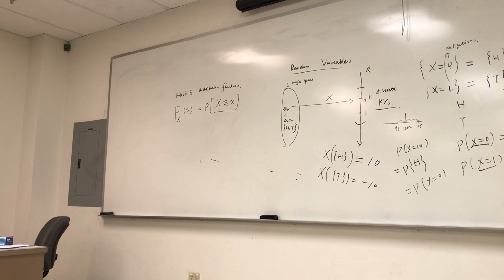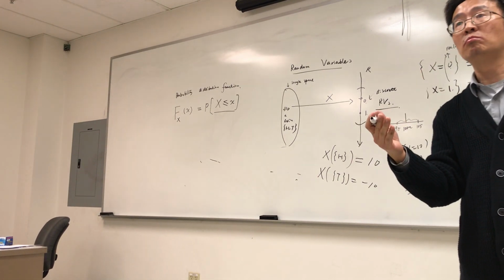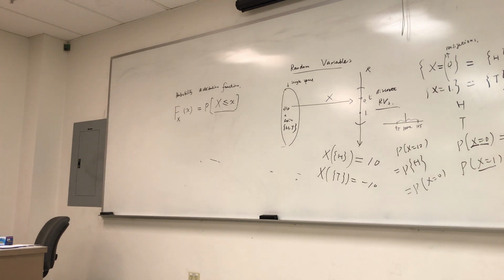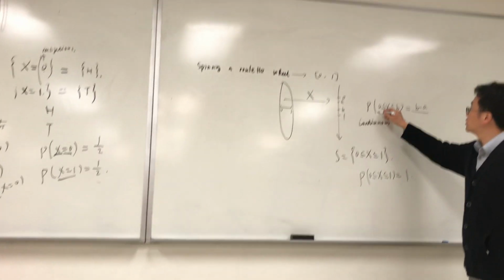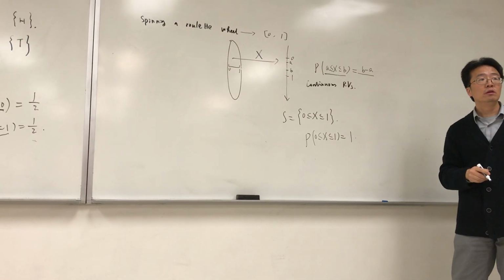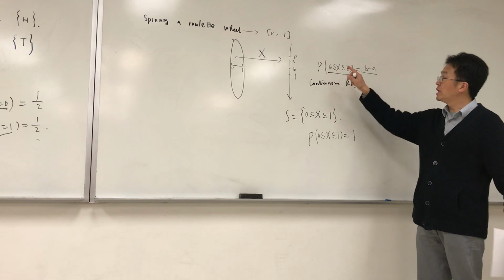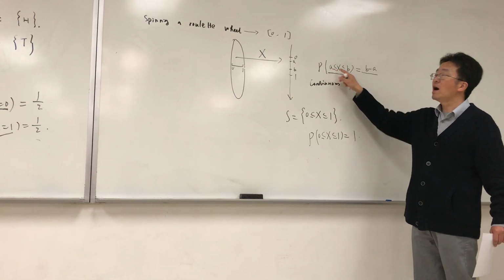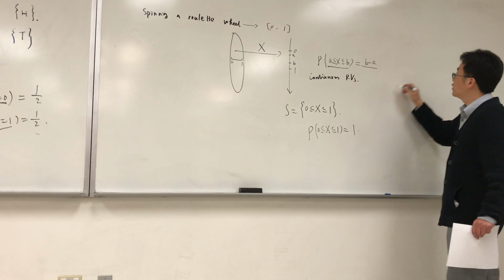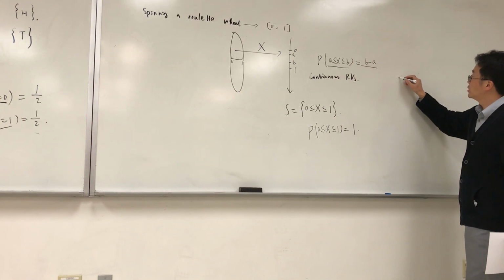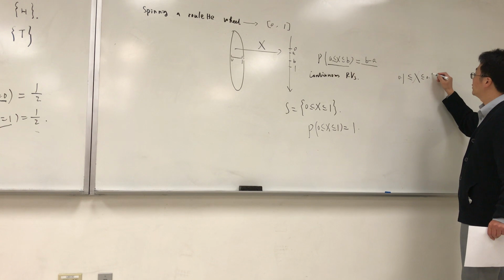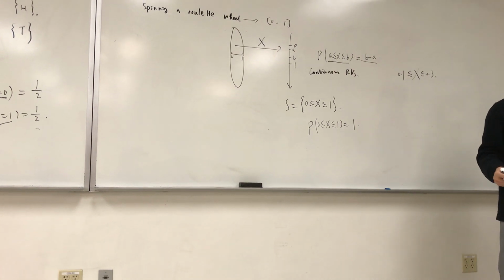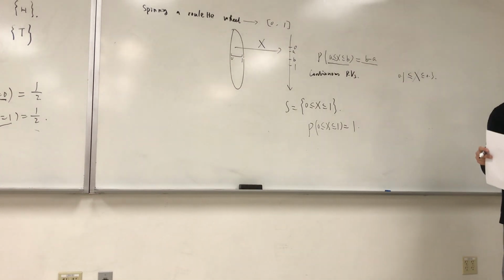What is an event? An event is a subset of the sample space. So now any subset of this interval can be used to represent any event. This inequality means the realization should be between A and B. Specifically, it could be like this: X between, say, 0.1 and 0.3, for example. So this is just one of infinitely many possible events.